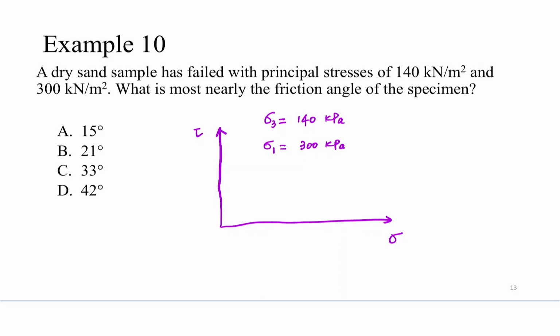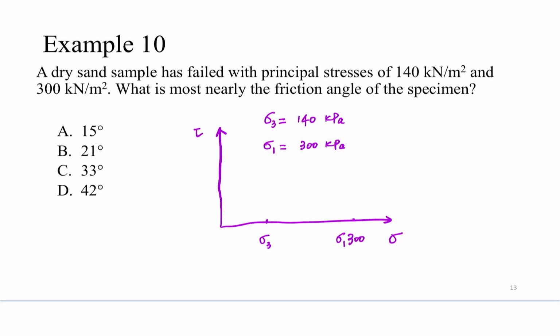And the principal stress means that for the principal plane, you only have a normal stress. You don't really have any shear stress. So we would have a sigma 3 here, which is 140, and we have 300 for our sigma 1 here.